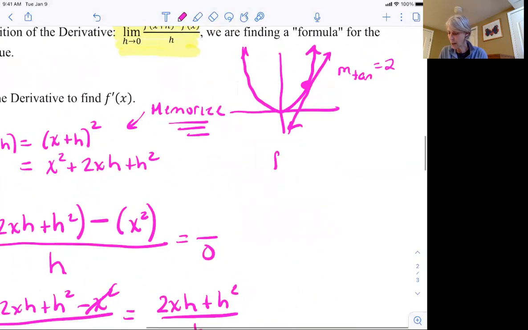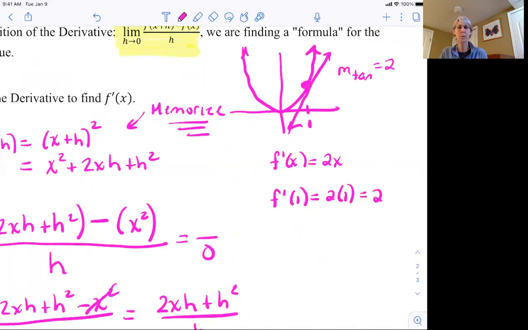if I know f prime of x equals 2x, if I want the slope of the tangent line when x equals 1, I can just plug 1 into this rule, and that's my slope. So this formula now, this answer is a rule to find slopes. What if I wanted the slope at -1?